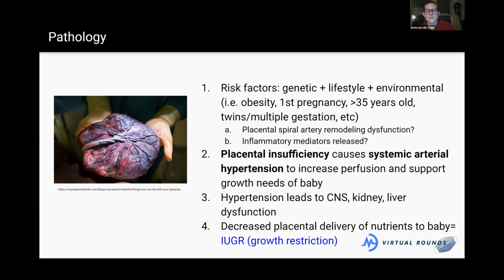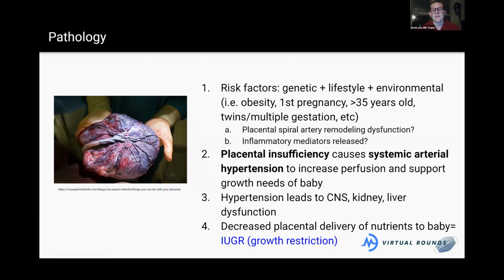And the hypothesis for what causes preeclampsia from a pathologic standpoint is that you have these spiral arteries that you can see kind of coming off of the umbilical cord here. There's all these smaller arterial blood vessels that are feeding the placenta with blood. And the thought is that they are not able to remodel appropriately to accommodate the growing placenta, and so they aren't able to keep up with the oxygen and nutrient demands.